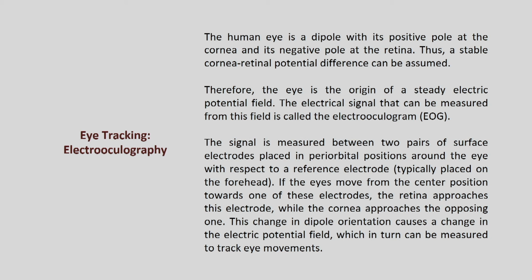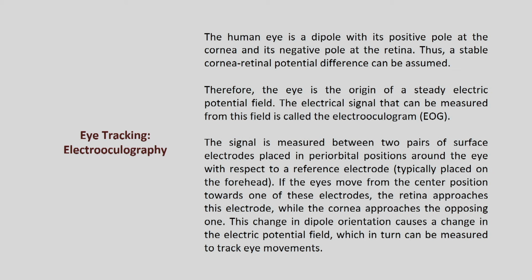If we can measure this corneo-retinal potential difference, then we will be able to understand how the movement is happening. A steady electrical field is present, and the electrical signal that we can measure from the retina and cornea we call the electrooculogram.